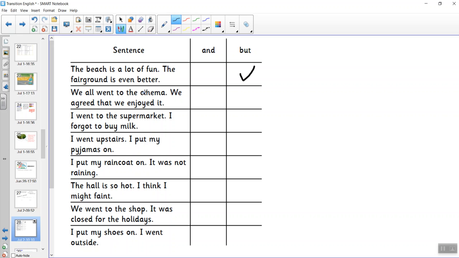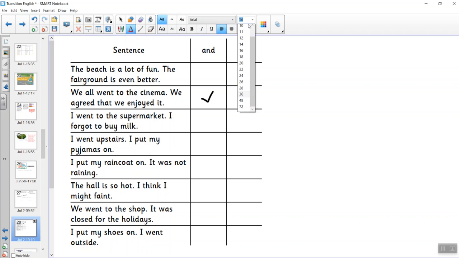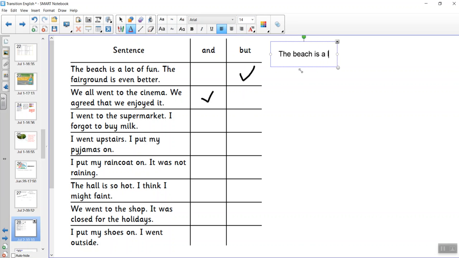We all went to the cinema. We agreed that we enjoyed it. We all went to the cinema and we agreed that we enjoyed it. If I write those for you, they should look like this. Here's the first one: The beach is a lot of fun, but the fairground is even better.